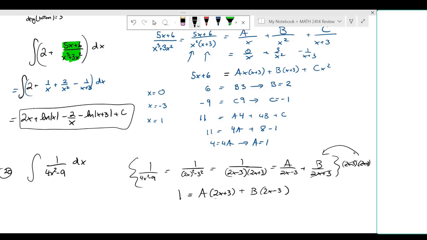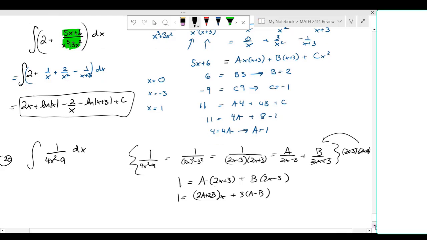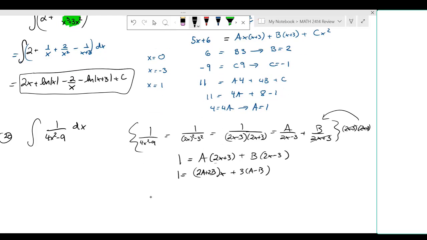All right. So I guess here I'm just going to multiply through, even though I could easily let x equal 3 halves and negative 3 halves if I wanted to. Great. So what does a plus b have to equal then?